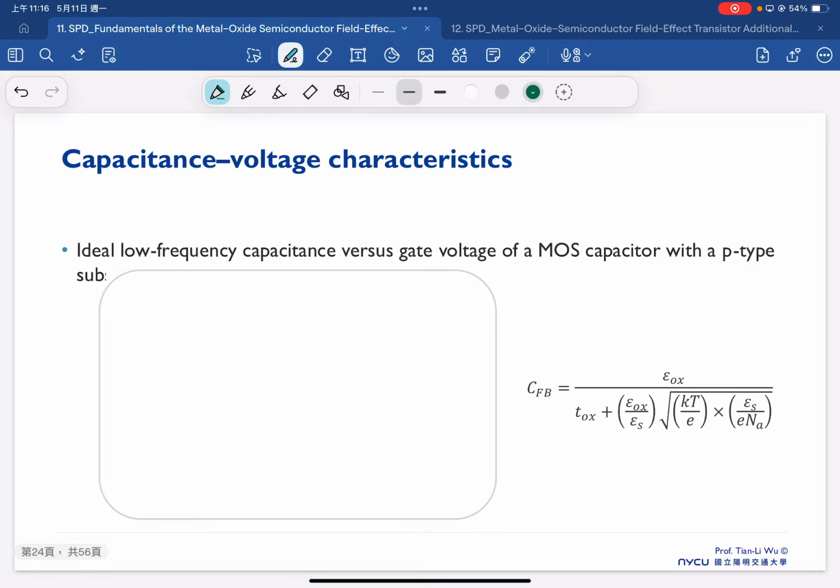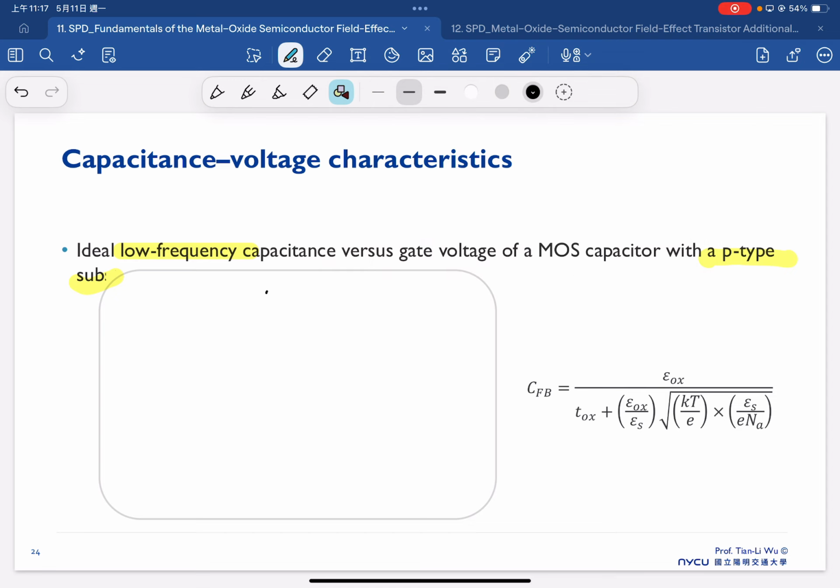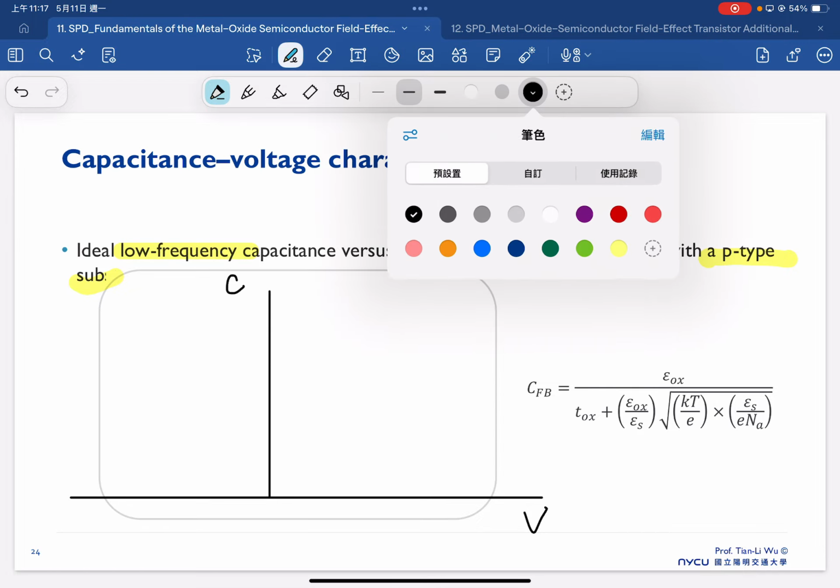So therefore, one thing I want to mention is that this is considered a low frequency capacitance with a p-type substrate. And then the details of the CV curve can be considered, capacitance versus voltage.